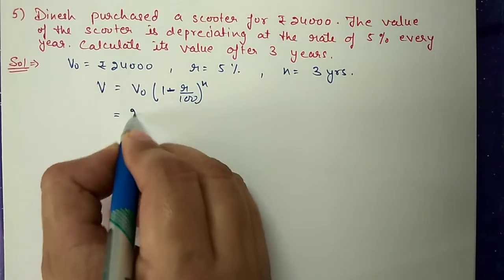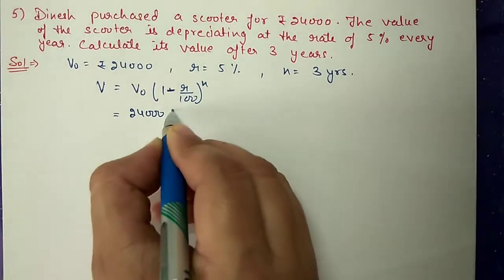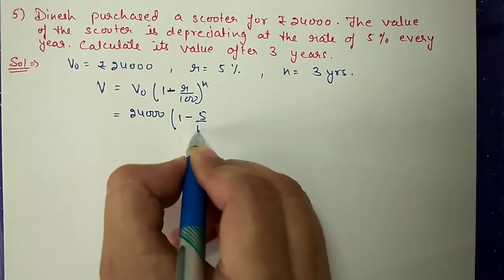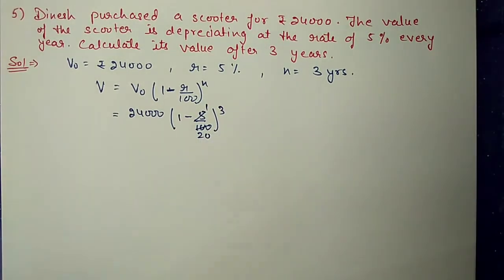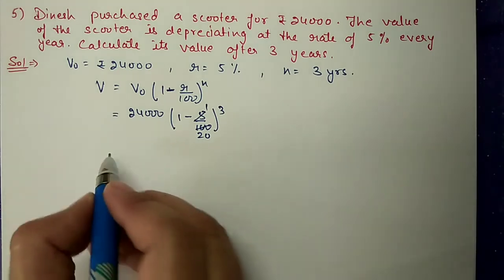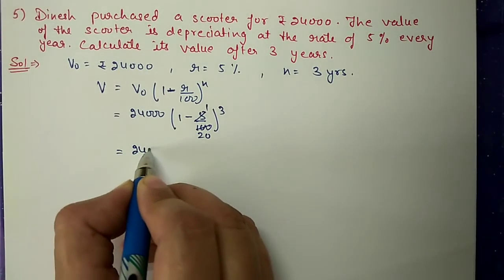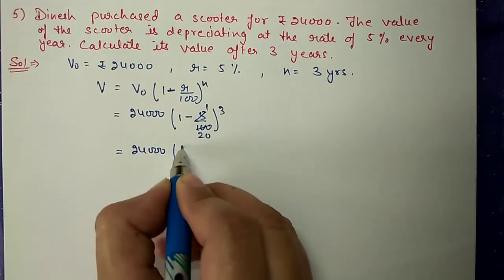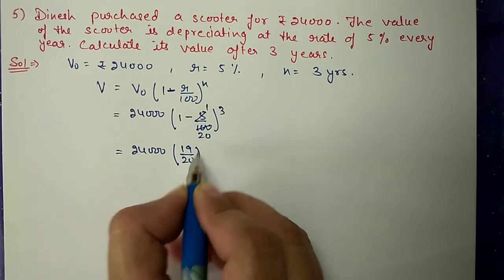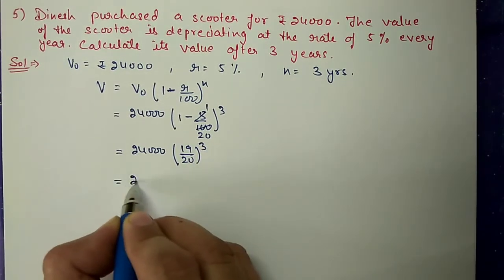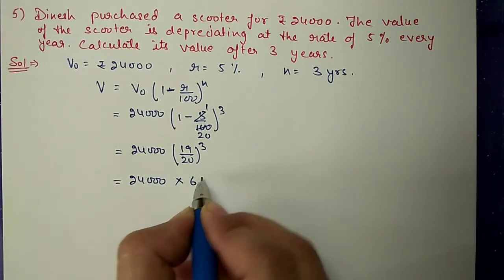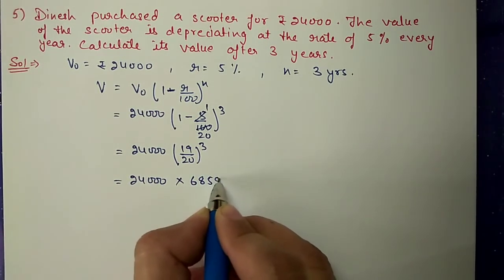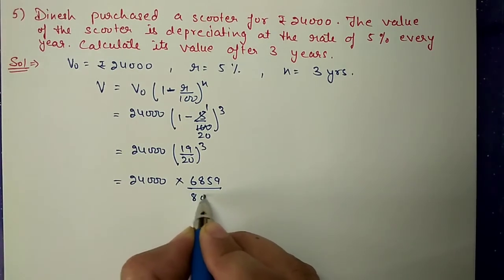Substitute values here: 24,000 times 1 minus 5 by 100 to the power 3. Cancel out: 5 1s are 5, and 5 20s are 100. Take LCM, and after taking LCM, you will get 19 by 20 to the power 3. 19 cube will be 6859 and 20 cube will be 8,000.